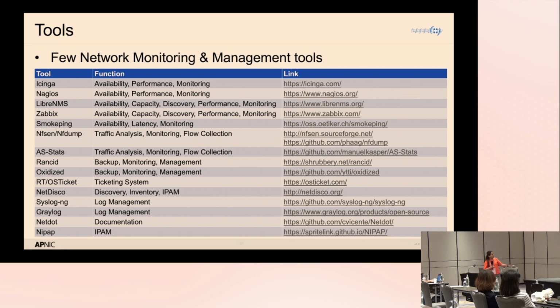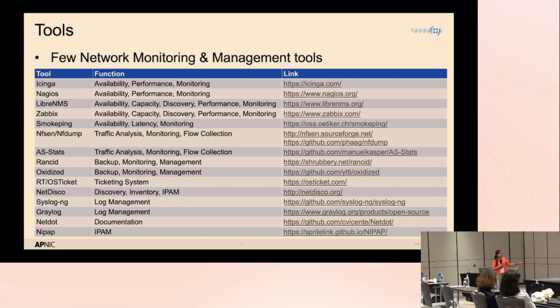Obviously, a lot of SNMP related ones are up here. Icinga, Nagios, LibreNMS, Zabbix. SmokePing is quite old, but it's still very much in use in a lot of networks. NfSen and NfDump we have here for backup and monitoring. Usually I use it for configuration management or config backups.